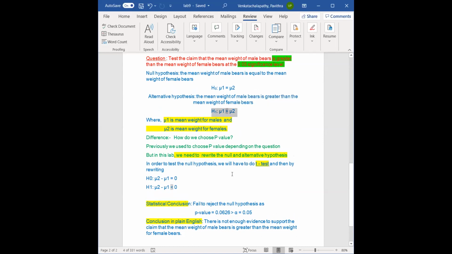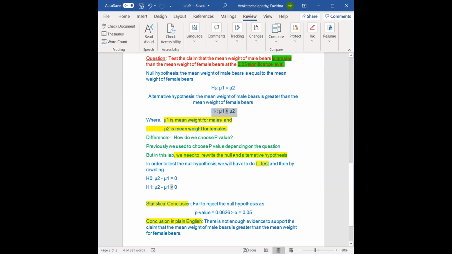But when you're rewriting it, you have to reverse the sign. If it is greater, you'll have to write less. If it is less than, it becomes greater than. If it is equal to, then it will be not equal to. So that is how you have to reverse the sign for the null and alternative hypothesis.